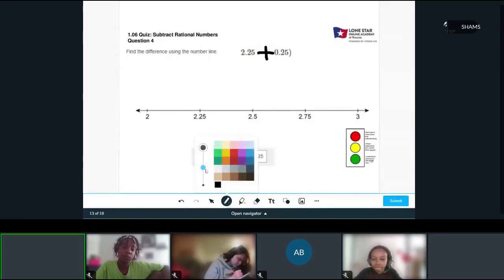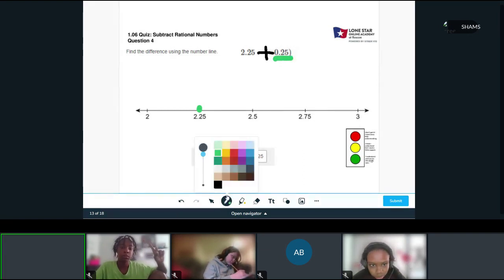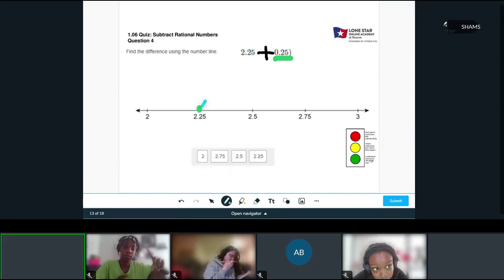And I'm going to add using the number line. This is 2.25. How many jumps should I make to add 0.25? Only 1 jump is needed. Let's go ahead and do that 1 jump because the number line reads by 0.25. So that 1 jump gets you here.